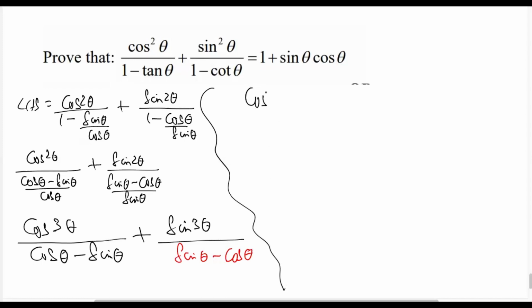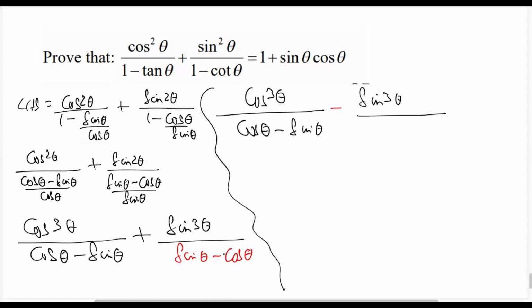So this is cos cube theta divided by cos theta minus sine theta, and as I said, I'm going to take minus common over here. So this plus becomes minus now, and the sine cube theta as it is. Now it's easy to understand: since I've taken minus common, the cos will become positive and the sine negative. Needless to say, I did so that I get the same LCM over here.